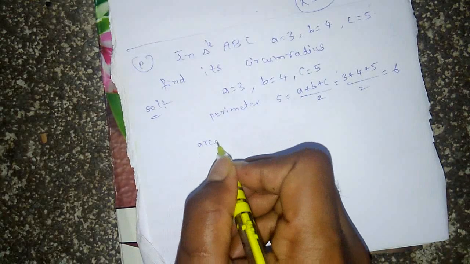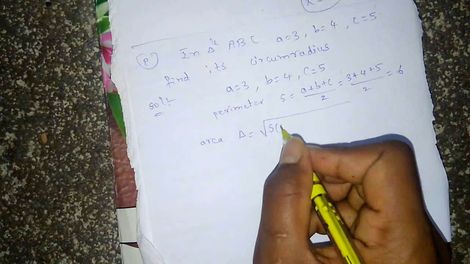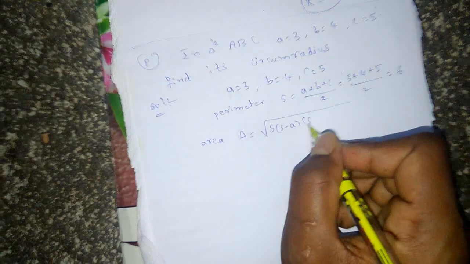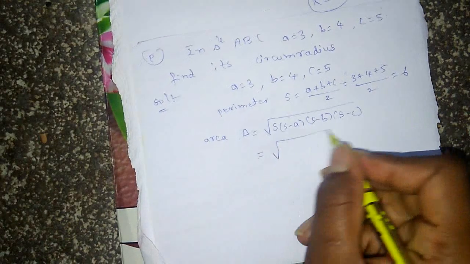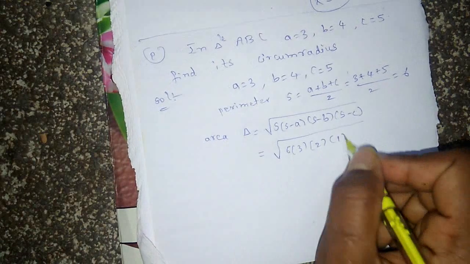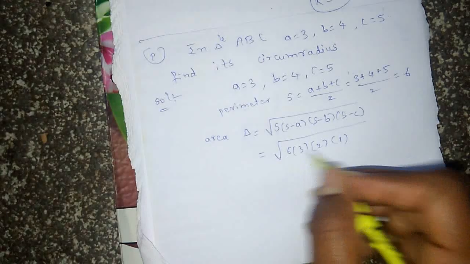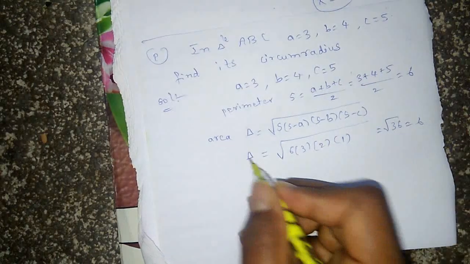Now area of triangle delta is equal to under root of s into s minus a into s minus b into s minus c. So that is equal to 6 into 6 minus 3, 6 minus 4, 6 minus 5. 6 into 6, 36, root 36 is equal to 6. That is the area.